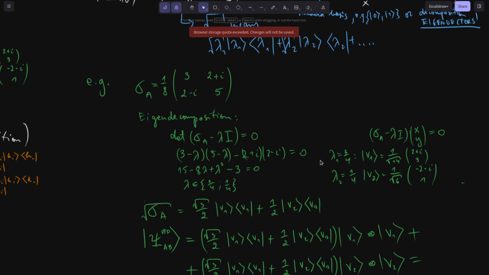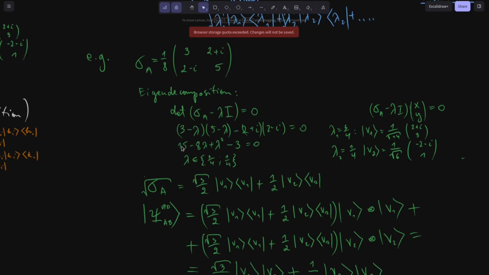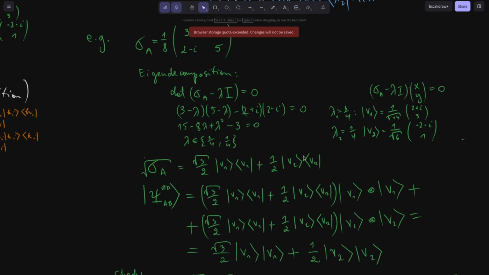Then for each eigenvalue, we calculate eigenvectors and we normalize them. We have infinitely many eigenvectors, but we choose those that are normalized, so there's only one normalized for each eigenvalue. This way we can calculate the square root of our state. We just take square roots of our eigenvalues and keep eigenvectors the same in our eigendecomposition.